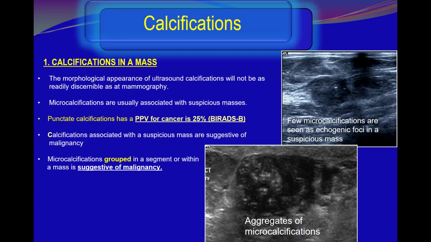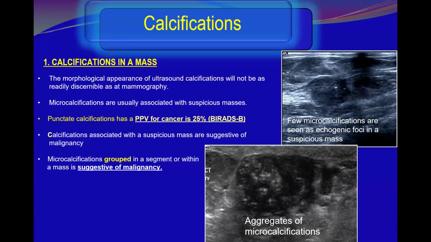Generally, punctate calcification has a positive predictive value for cancer of 25%. That means in the range of BI-RADS 4B, when a mass is associated with microcalcification or punctate calcification, we label it BI-RADS 4B, regardless of morphology.